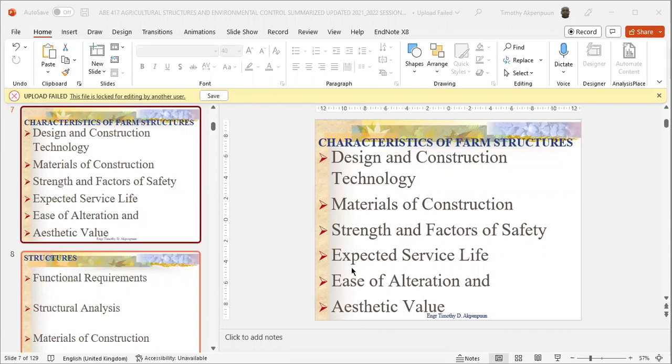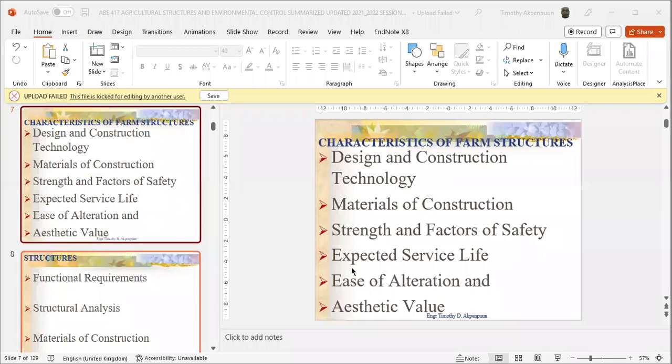All right, let's continue. They will join. And then I will say strength and factors of safety. After designing for strength, if you are expecting your structure to carry a load of 10 kilonewton, you don't design it by selecting members that will only support 10 kilonewton or 10 newton.